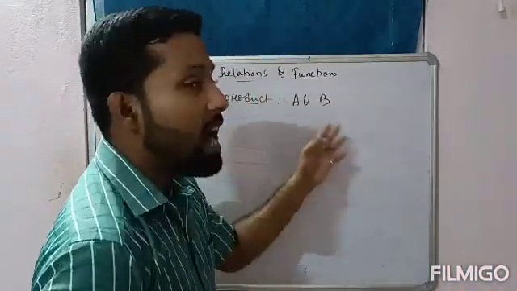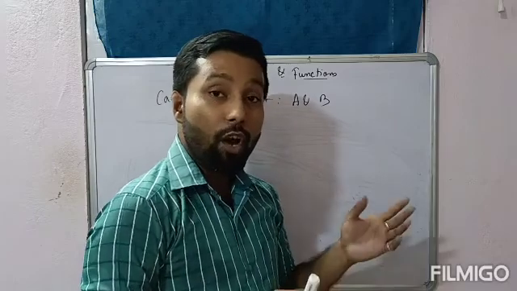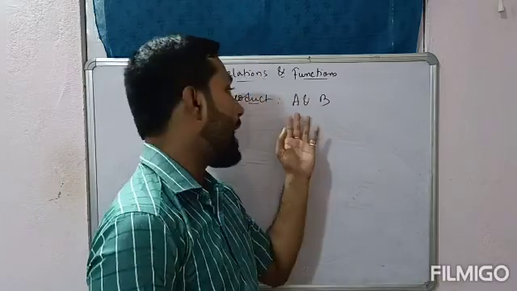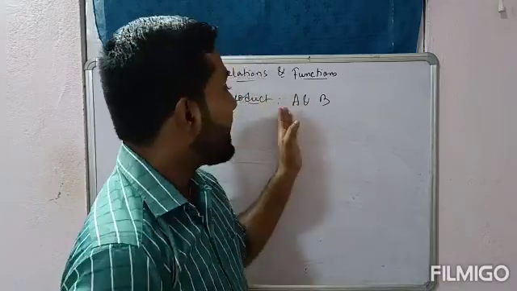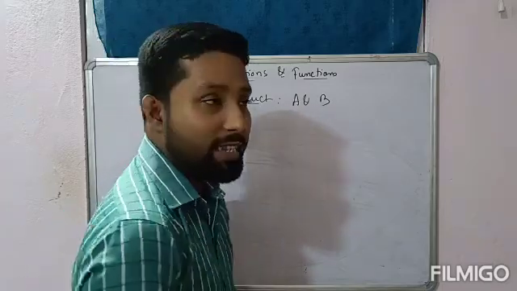Suppose A and B are two non-empty sets. So we all know that sets are generally denoted by capital letters A, B, C, D. So let A and B be two non-empty sets.